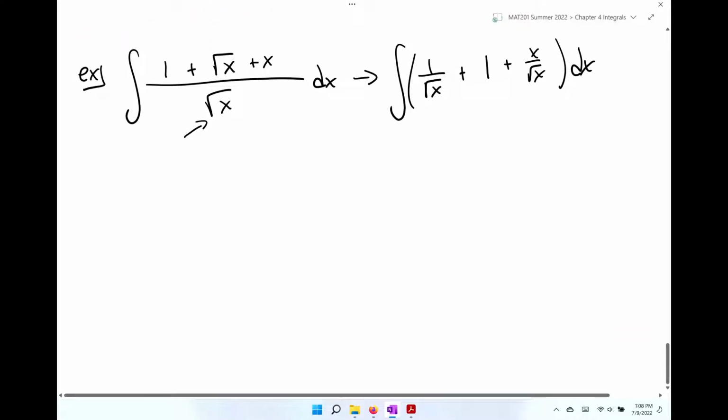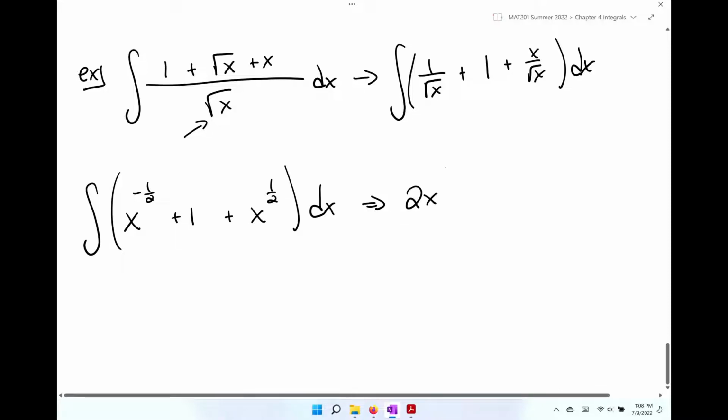Now, to simplify this a little bit further, we're going to get x to the negative 1/2 plus 1 plus x to the positive 1/2. Okay? And then when we go ahead and integrate this, I'm just going to do it from left to right, we get 2x to the 1/2 power plus x plus 2/3 x to the 3/2 plus c.